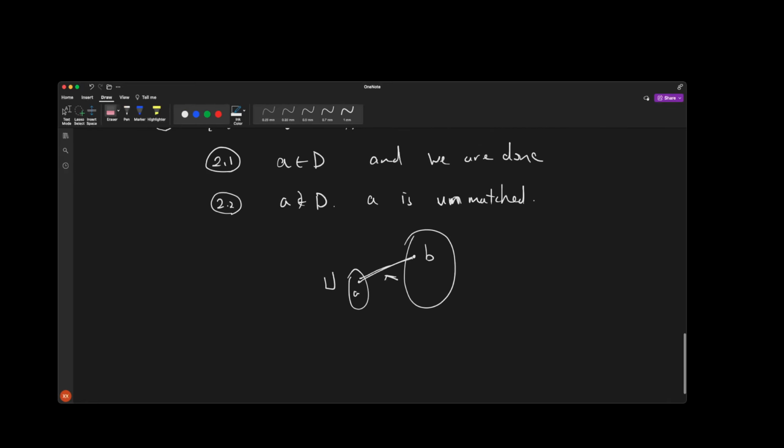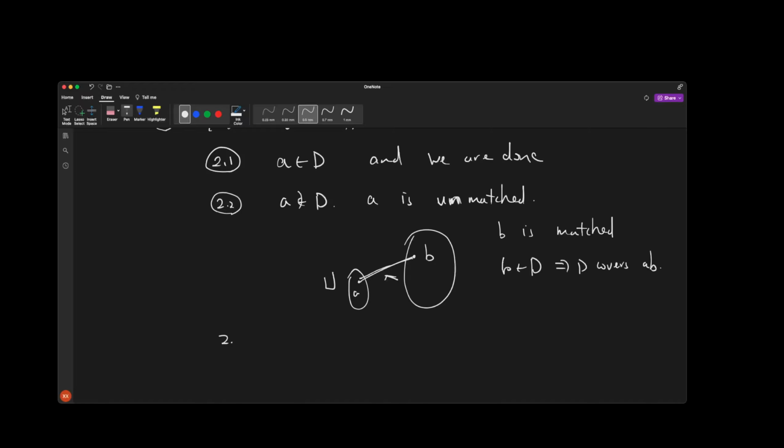So we conclude that B is matched. A is unmatched, then B is matched. And since B is matched by our way of defining D, B belongs to D. So D covers the edge AB.